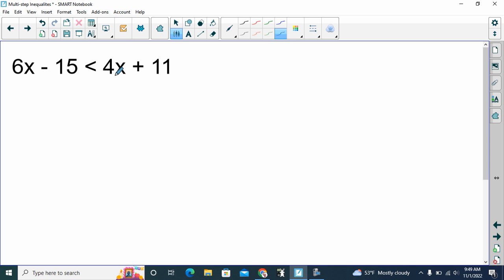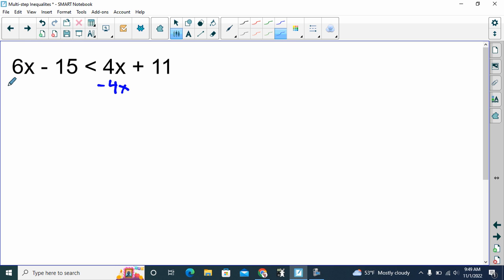There's no parentheses on either side. Check for like terms. The left side of the inequality, there are no like terms. The right side of the inequality, there are no like terms. I do have x's on both sides, so I need to move them to the same side. Again, it's generally easier to move the smaller one. I'm going to move the 4x.